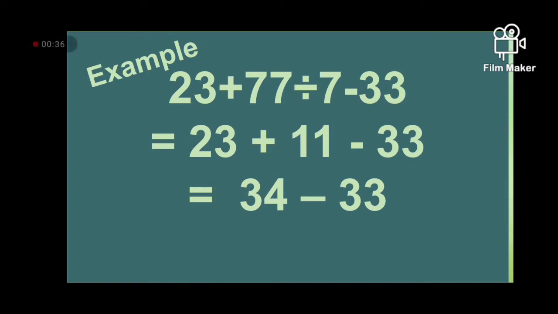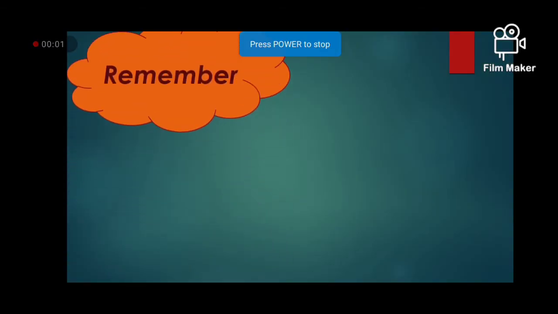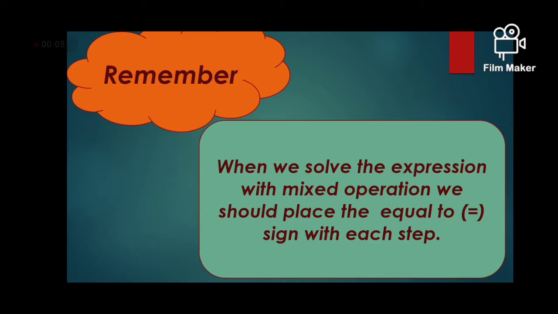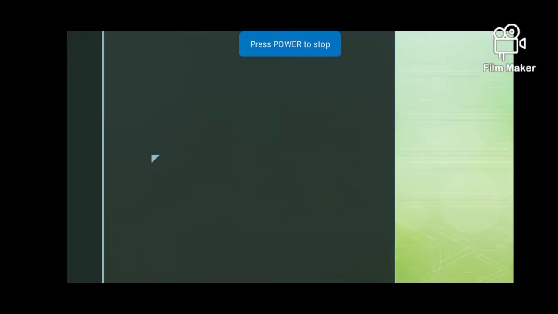And 34 minus 33 is equal to 1. My dear students, always remember, when we solve the expression with mixed operations, we should place the equals to sign with each step.